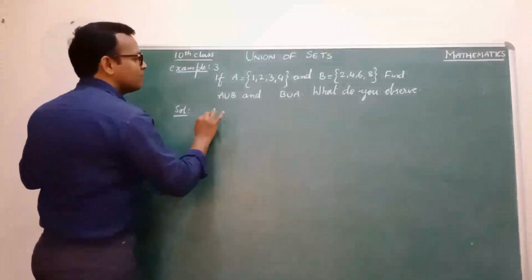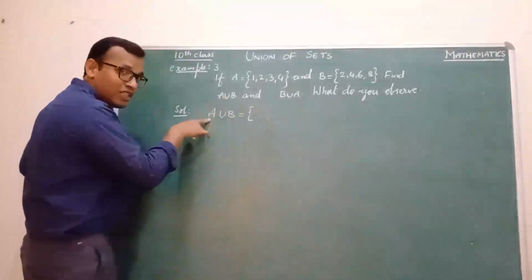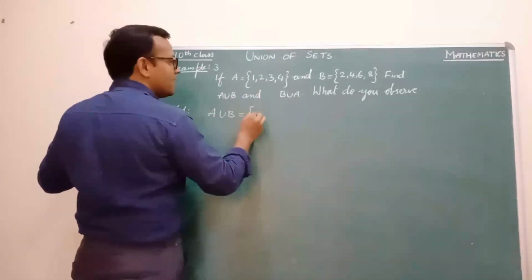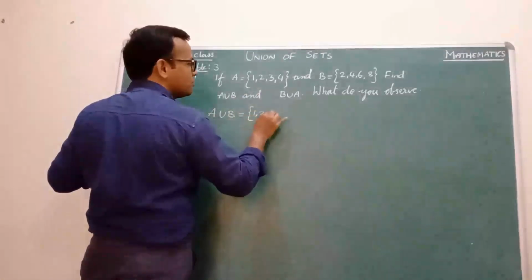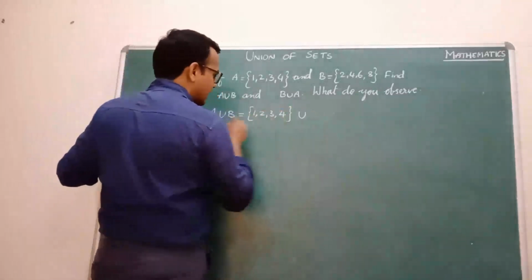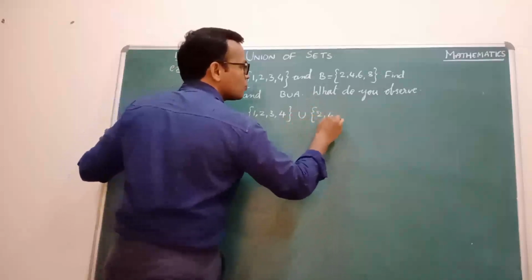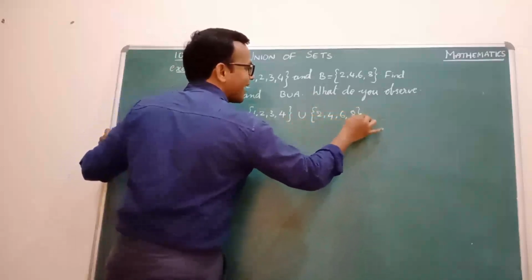Now let's see here. A union B, we need to find. Initially we have to write set A, consisting of 1, 2, 3 and 4, union set B. And set B consists of 2, 4, 6, 8.